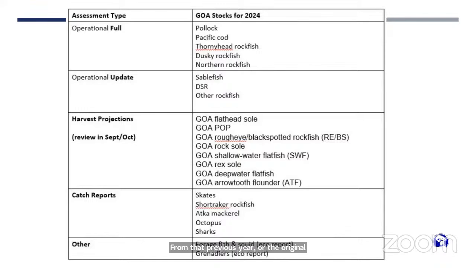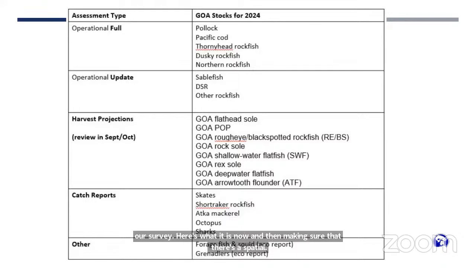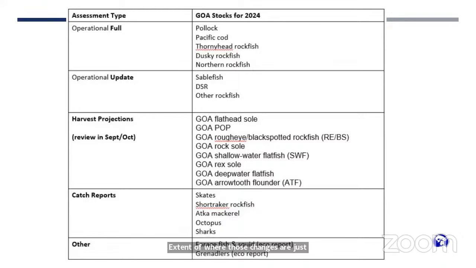Is there some consistent metric of here's the overall sample size of our survey, here's what it is now, and making sure that there's a spatial extent of where those changes are, just so we as a group have an understanding of where those changes are over time.